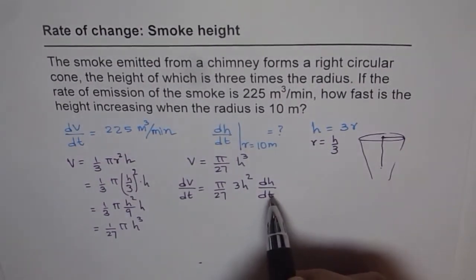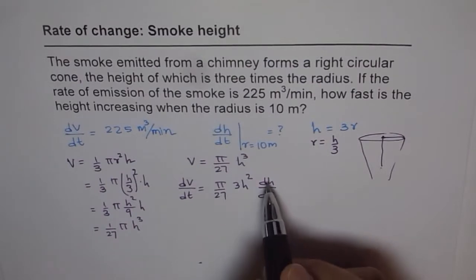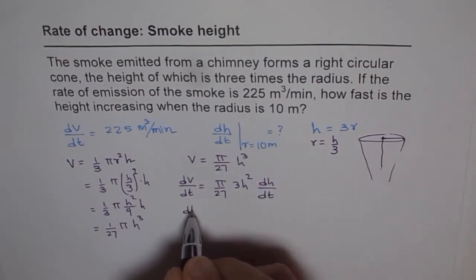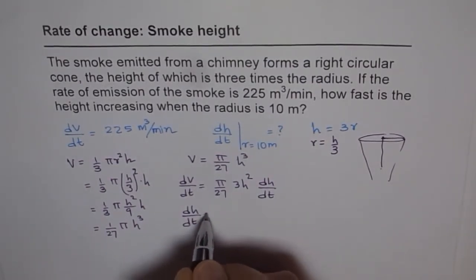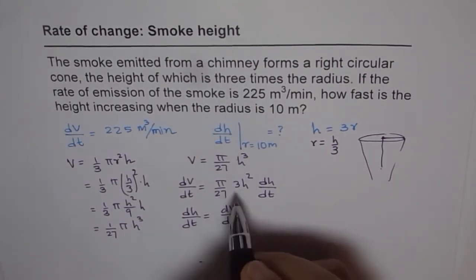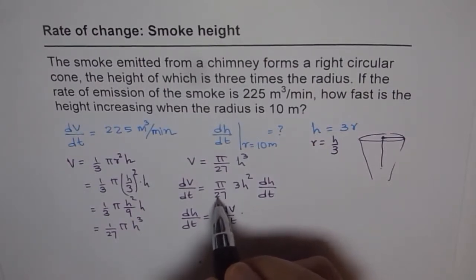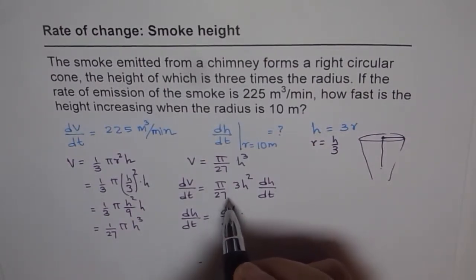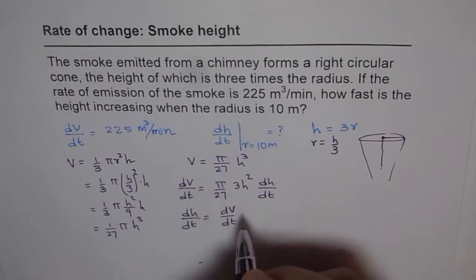Now from here we can find dH/dt, right? The expression for dH/dt will be dV/dt times, so we can simplify this, right? So 3 will simplify into 27 as 9, and we'll cross multiply.